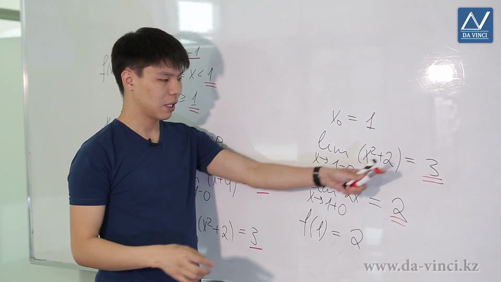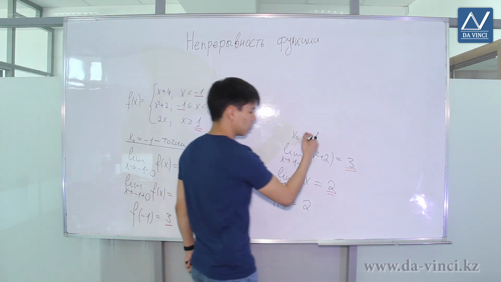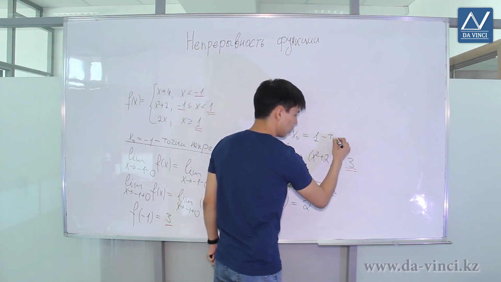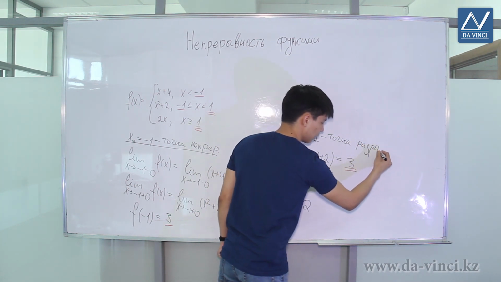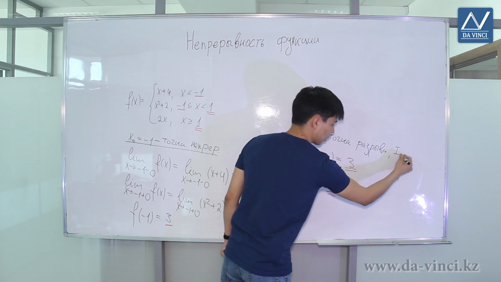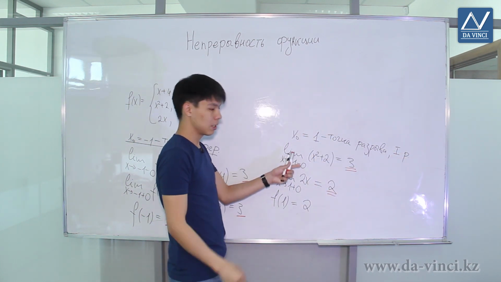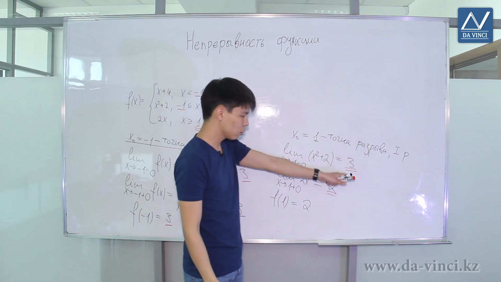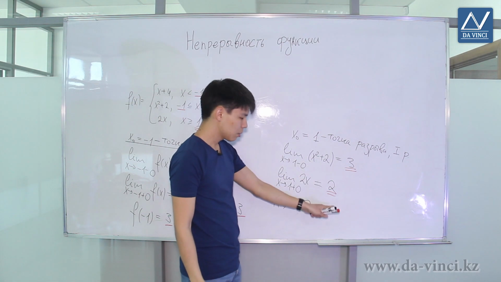Thus, if the left and right limits exist, are finite and don't match, then x0 equal to 1 is a discontinuity point of the first kind. Now let me remind you, in the first kind we had a point of removable discontinuity, or a point of the jump type. We have a jump in this case, because we have 3 on the left and 2 on the right.